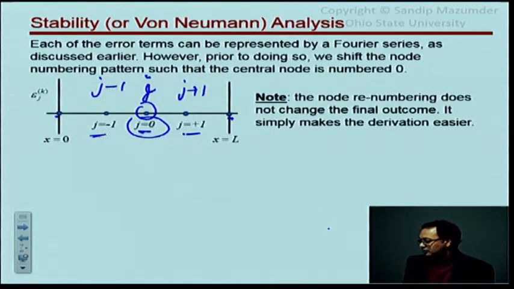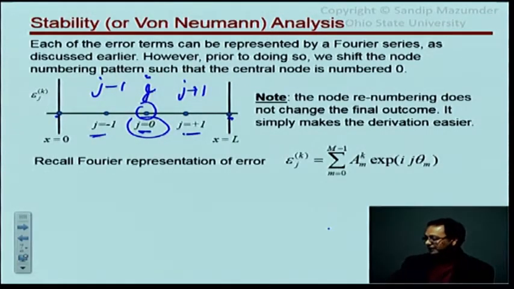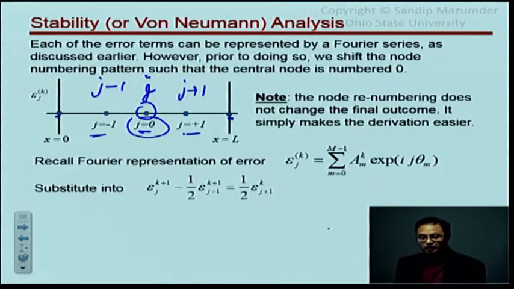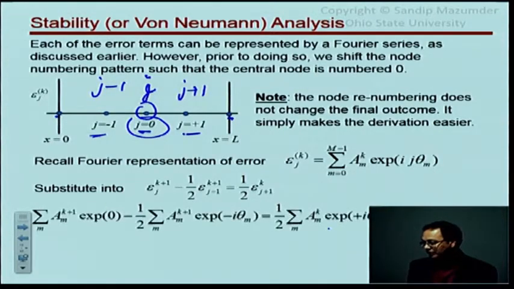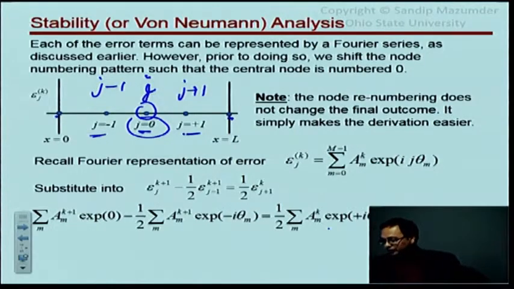Now we are going to take this Fourier series and plug it into our iteration equation. When we do that, this is what we get. Notice that this one has j at k plus 1, so instead of j I'm going to use j equal to 0. That gives me e to the power 0, and the amplitude will have a superscript k plus 1, because this is epsilon at k plus 1.